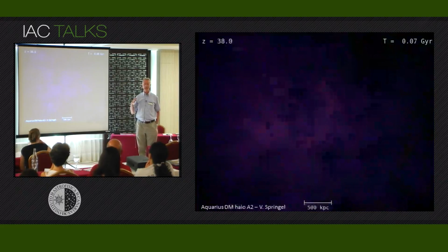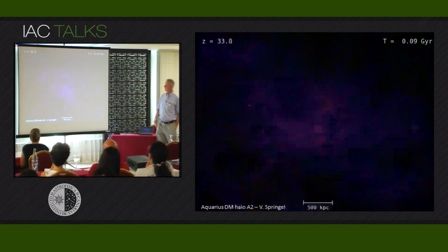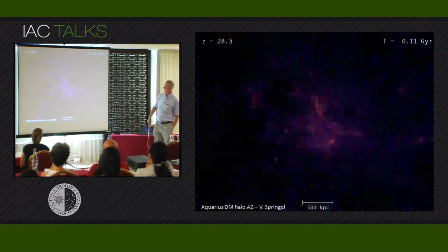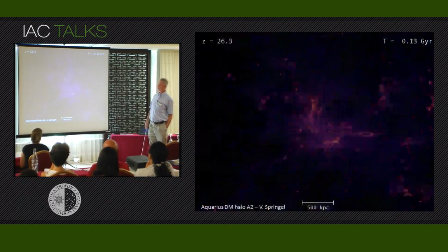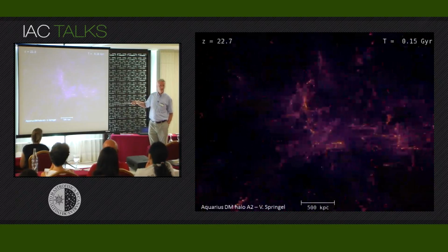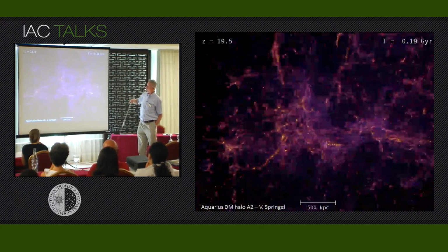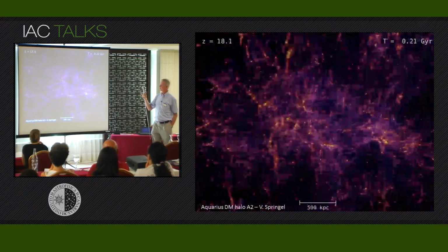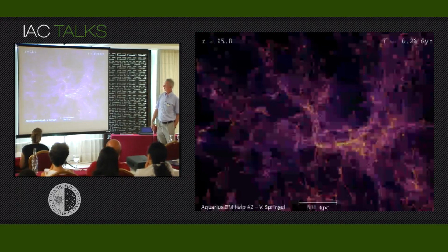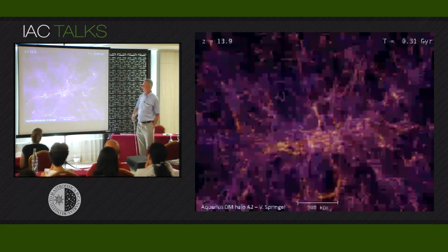Aquarius is a set of simulations that was done by Springel and colleagues at the MPA, together with other groups of cosmologists, in order to try and understand how the evolution of the dark matter halo of the Milky Way might have gone. And it's quite instructive to look at because it tells you really that in this hierarchical clustering picture, there's always something going on.